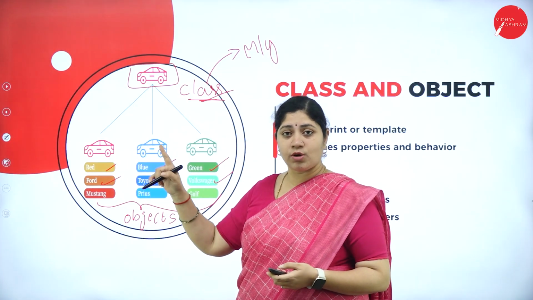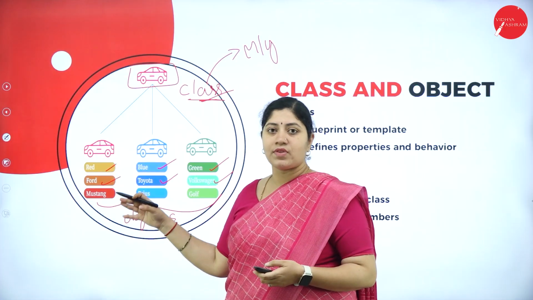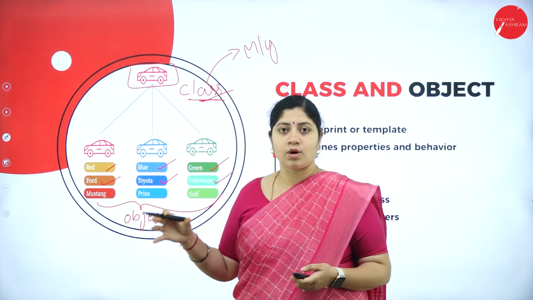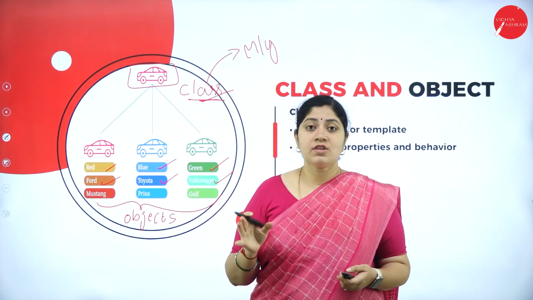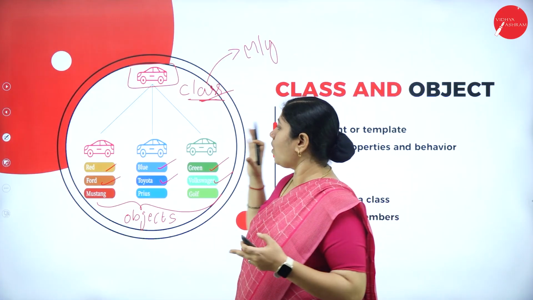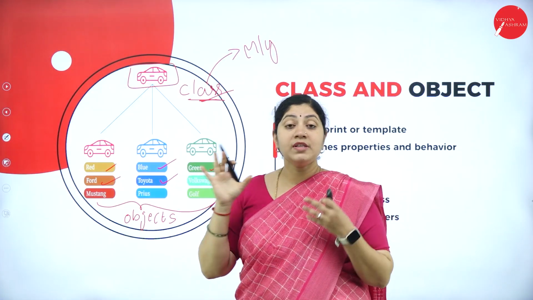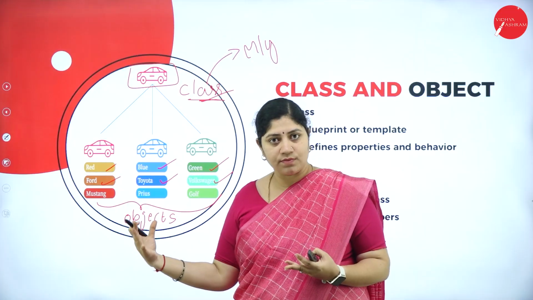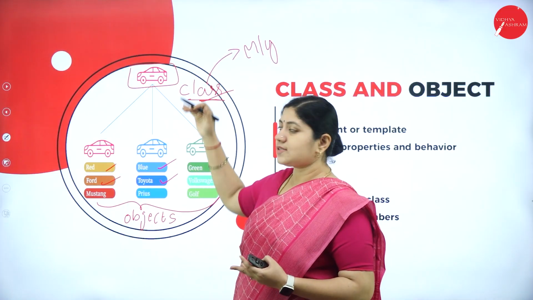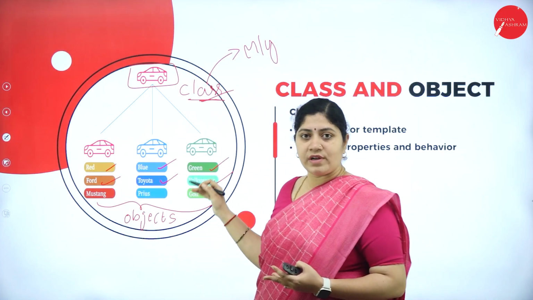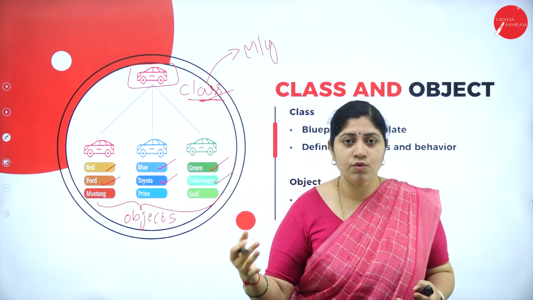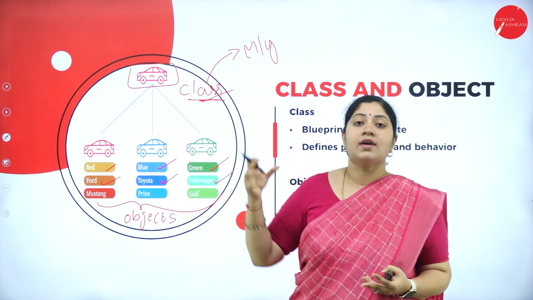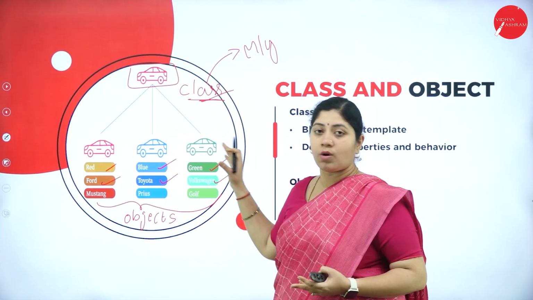With respect to each object, the various properties of that car can be printed or scripted, correct? In this way, the complex problem can be scaled in a very efficient way by using a class as well as an object relation. This is how we can move forward with creating a class with multiple objects.